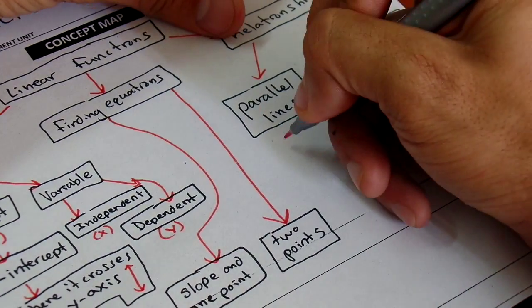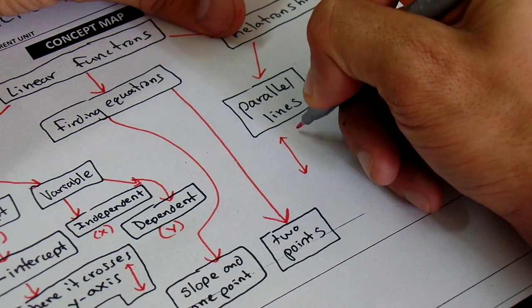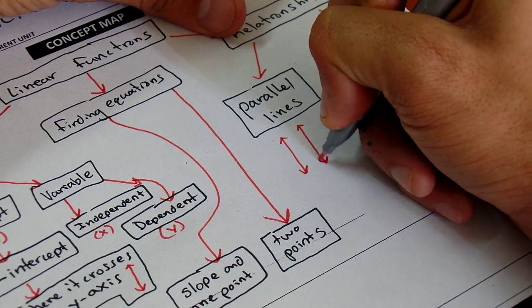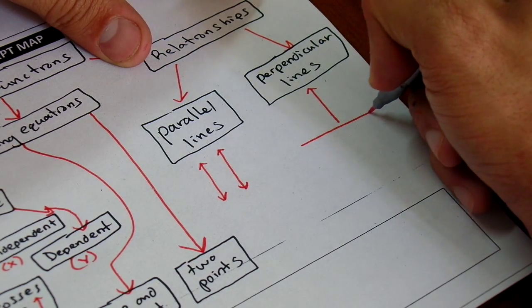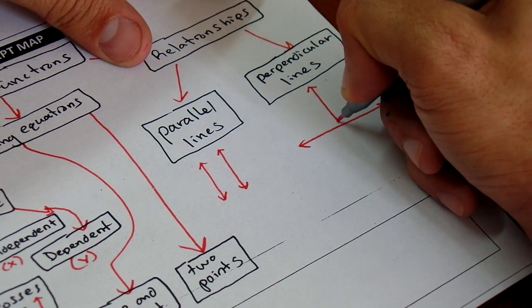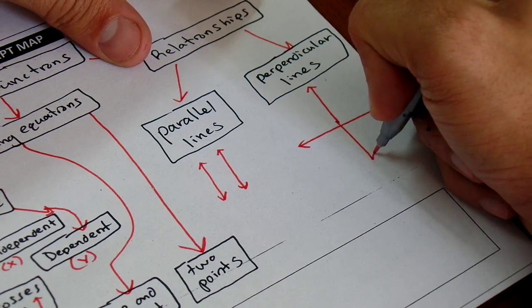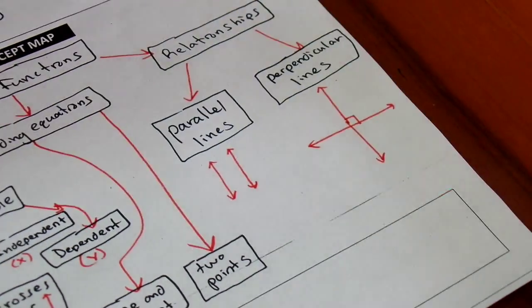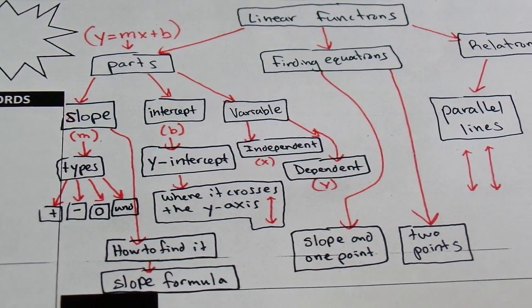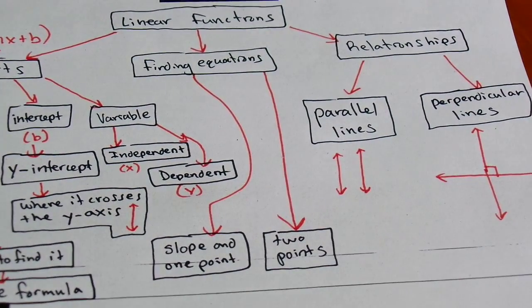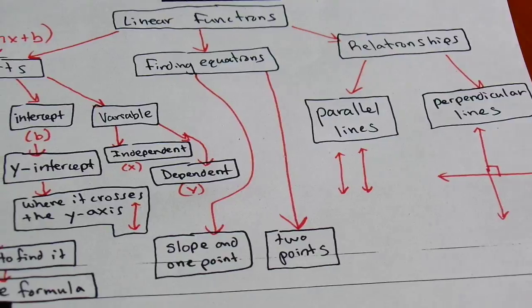And most of you know this, but I'll just do it really quick. Parallel, never touch. Perpendicular touch, but more specifically, they form a 90-degree angle. So there is your map of each section. It will make more sense as you go.